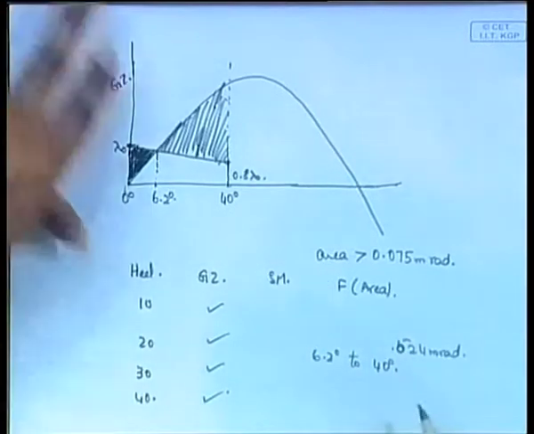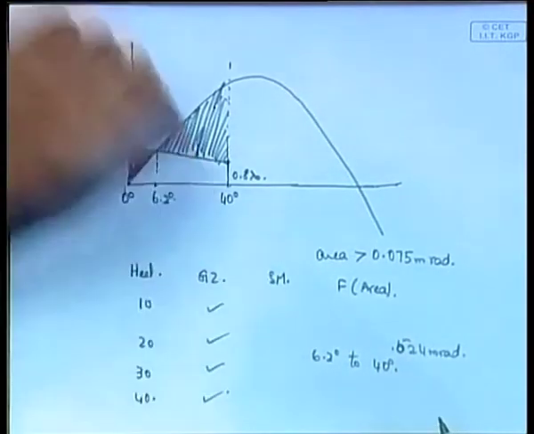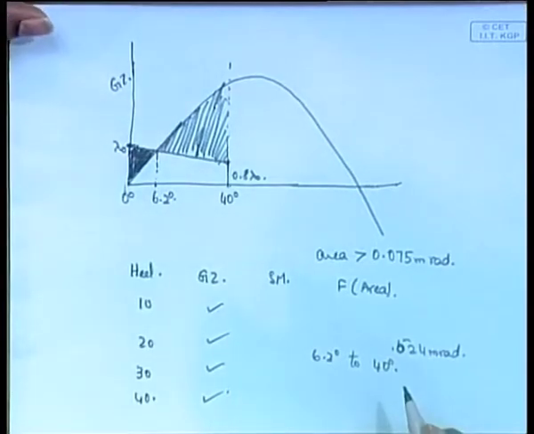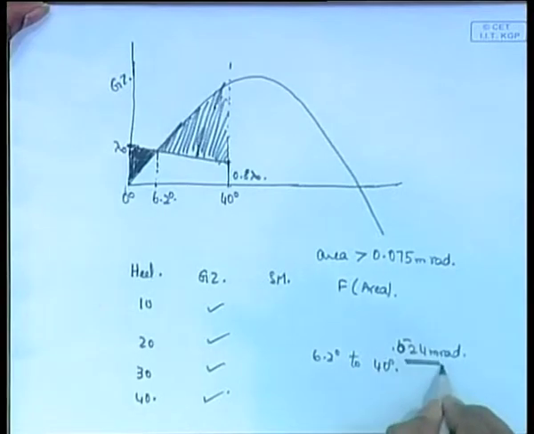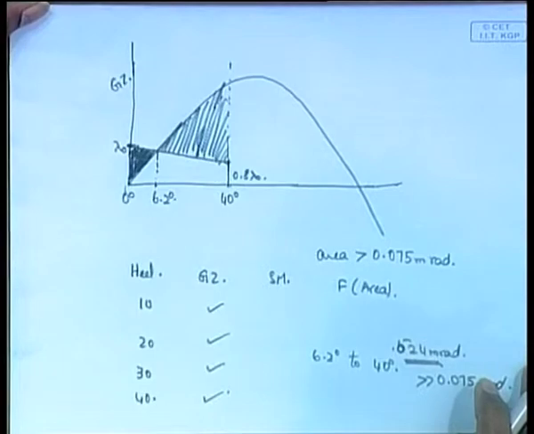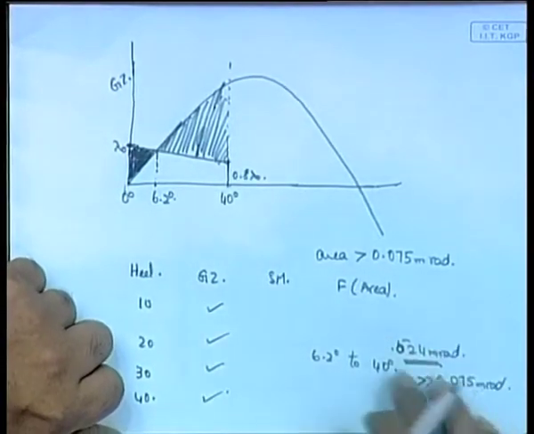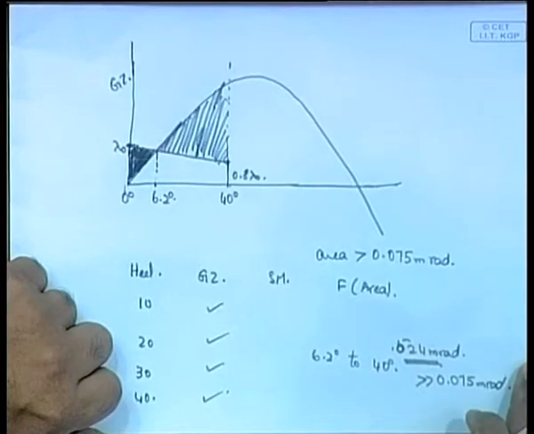So, that area should be greater than 0.075 meter radians. In this case, it comes to 0.524 meter radians, and therefore, this is much greater than 0.075 meter radians. Therefore, it's okay. So, till now we have three conditions, and all three conditions are satisfied by this ship.